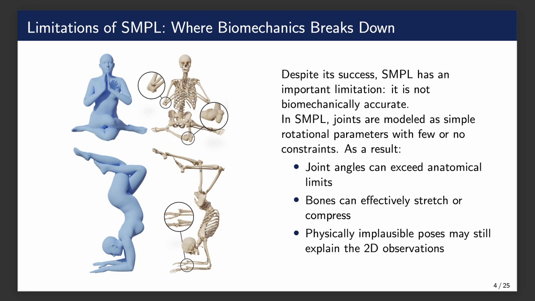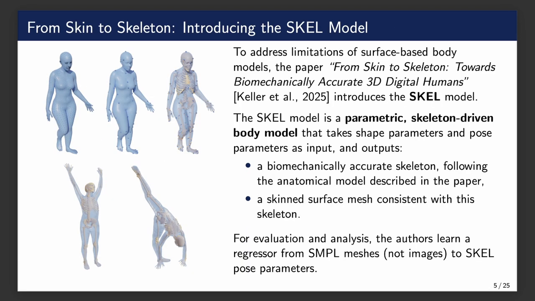So to address this problem, another paper was published, From Skin to Skeleton, and in this paper the authors introduced a new model which they called SKEL. This model aims to take the same parameters, same-ish, since there are some modifications that I'm going to describe later on the pose parameters, and uses the same shape parameters.